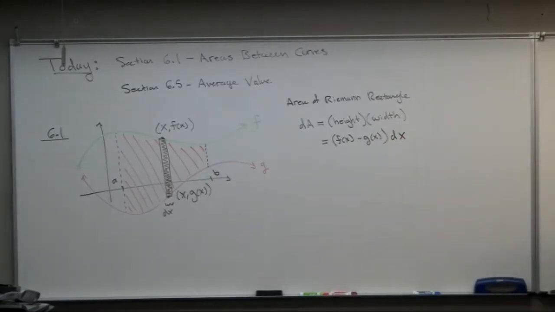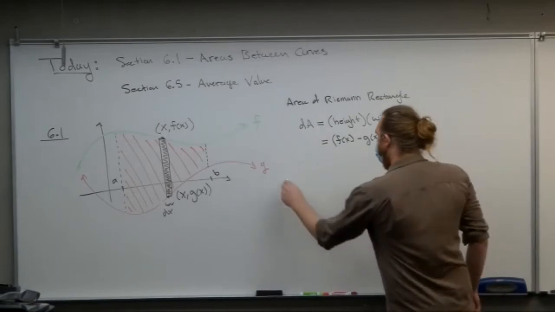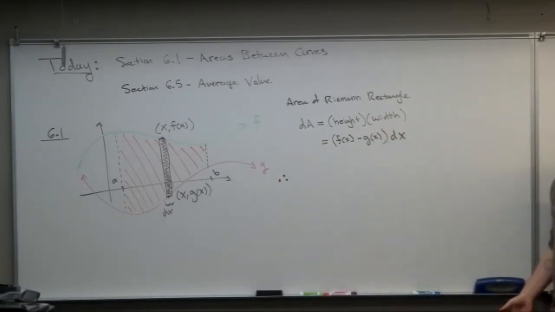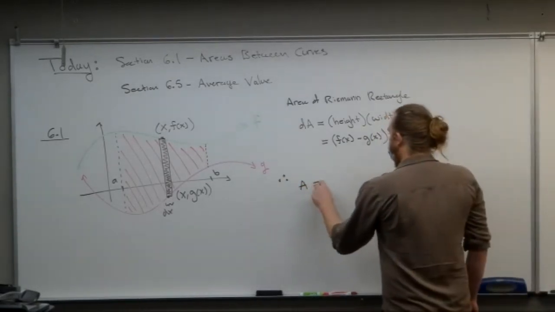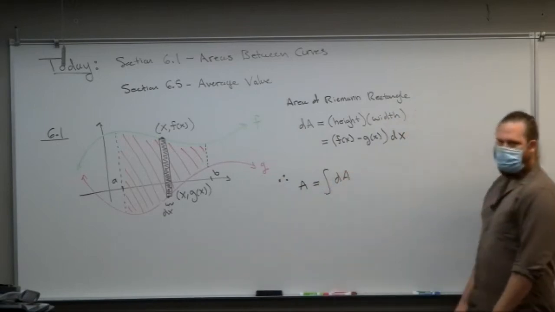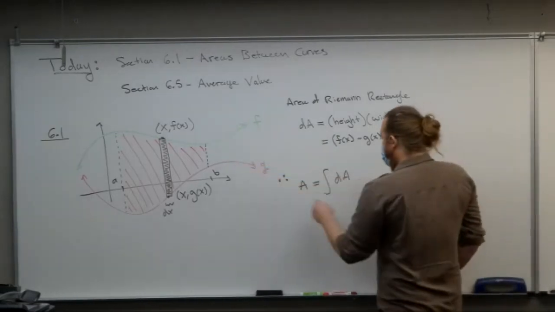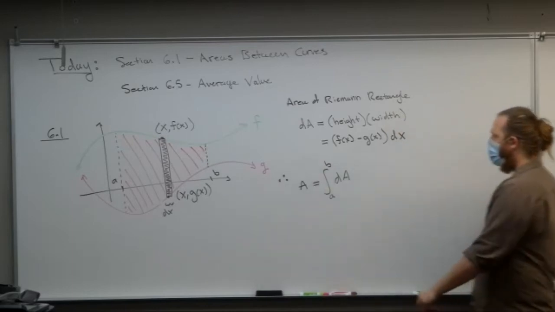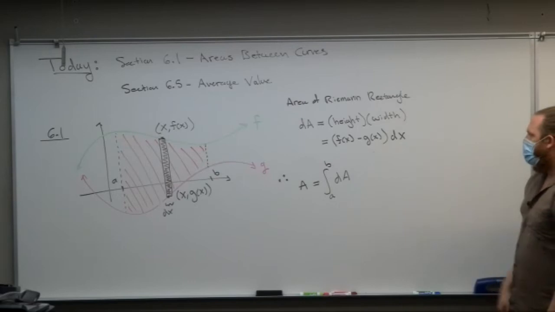So if I want to find the whole area, A, I would integrate dA. You'll see me use this notation, these three dots arranged in a triangle, it means therefore. So therefore, A is the integral of dA. That's just a true statement in terms of symbols and integrals. We would integrate from little a to little b. And dA, by the little Riemann type argument, is f minus g.